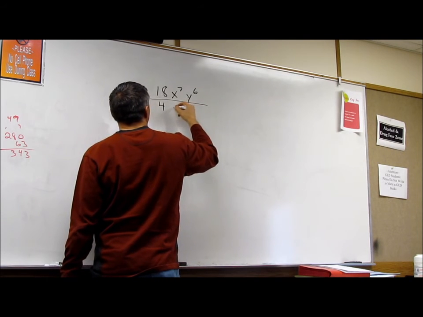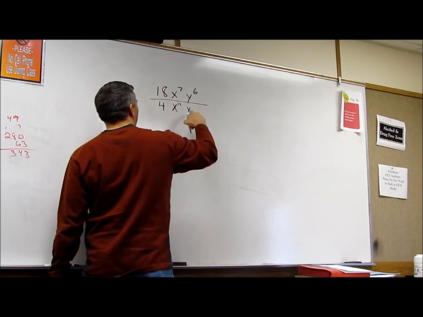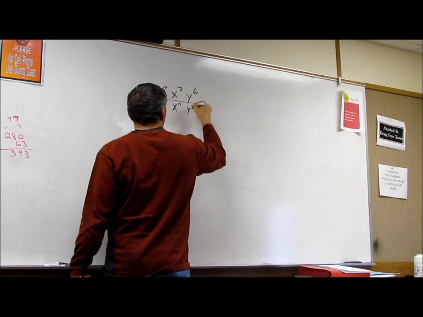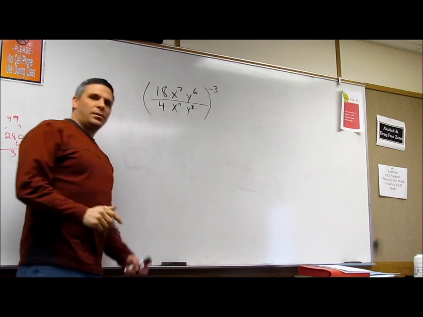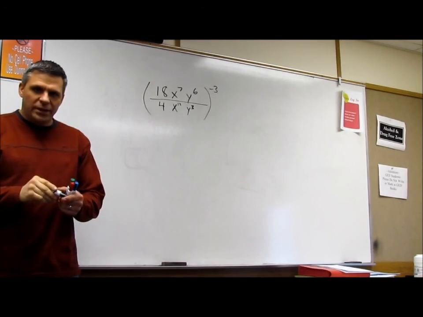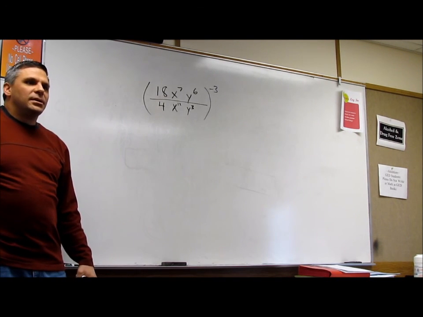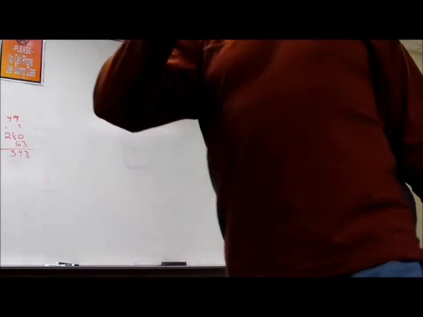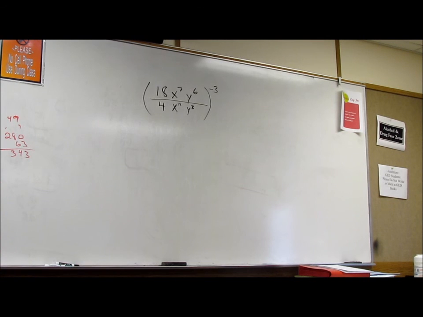X to the 12th, y to the 3rd, to the negative 3. Okay? Now at home, you can do that, and then I'm going to pause this, which means at home you'll have to look at the next one to actually do this problem.